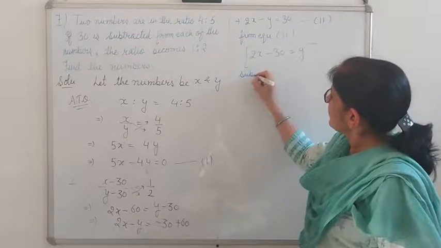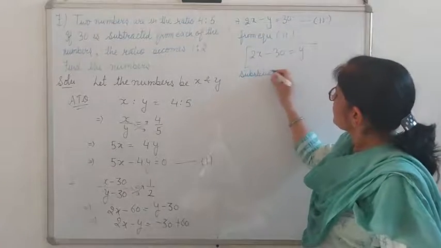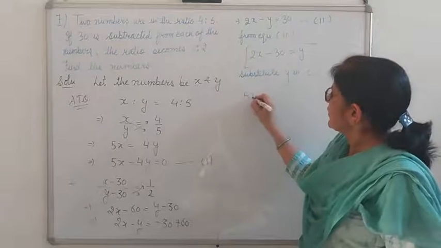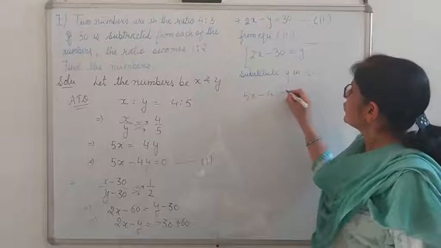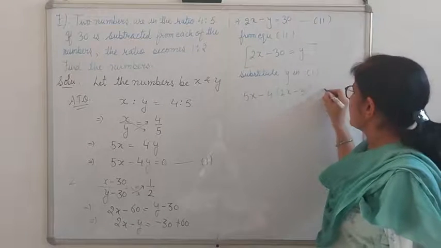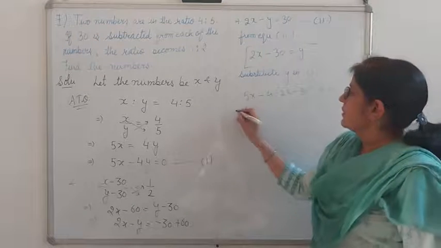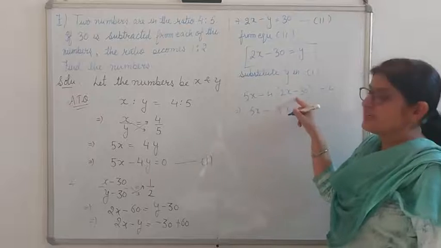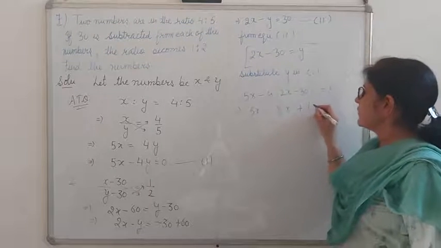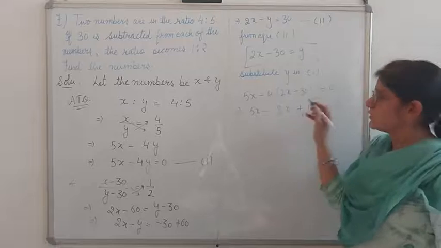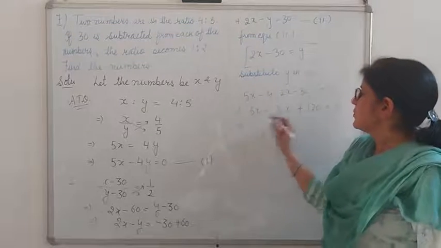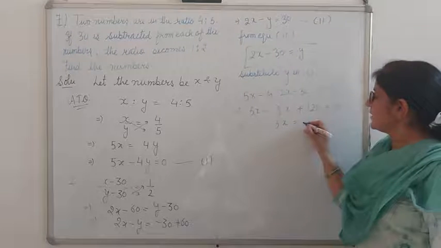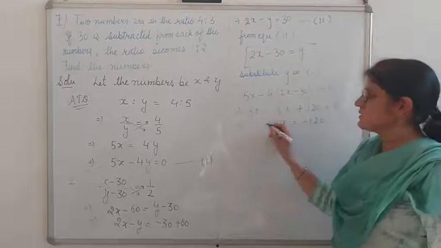Substitute y in the first: 5x minus 4 into 2x minus 30 is equal to 0. 5x, 4 twos are 8, minus minus plus 120 is equal to 0. 4 threes are 12, so minus 3x is equal to minus 120, and the minus cancels.